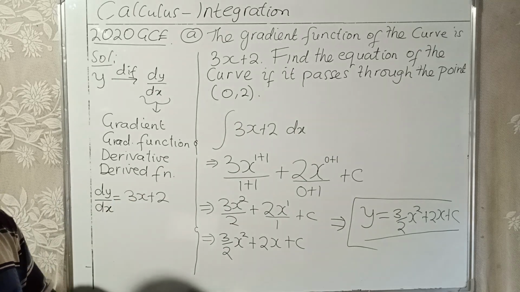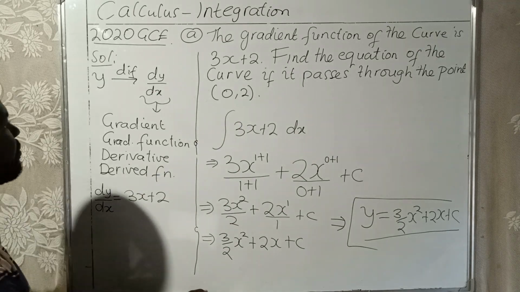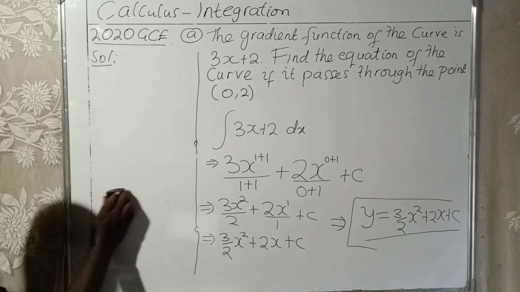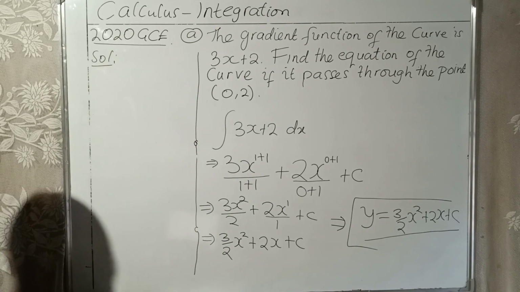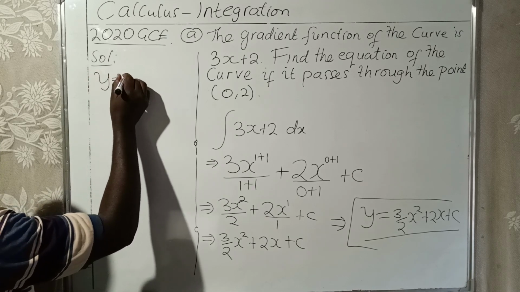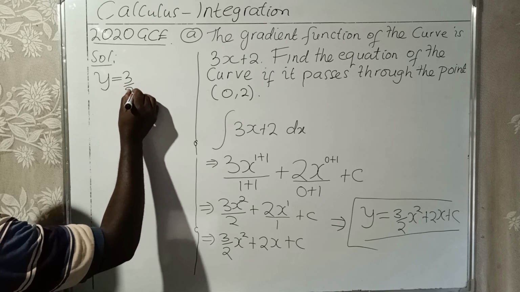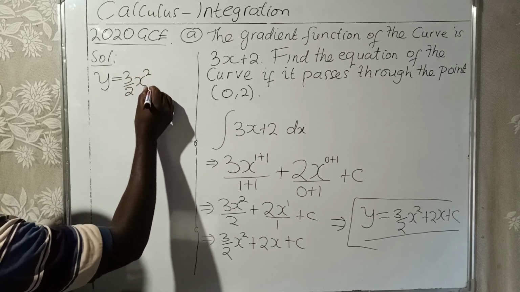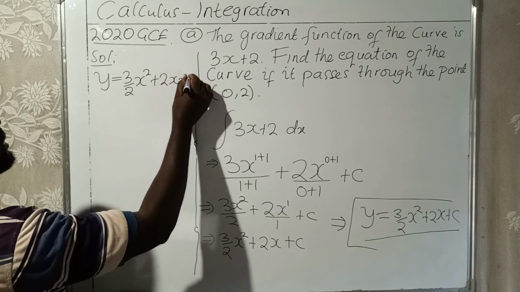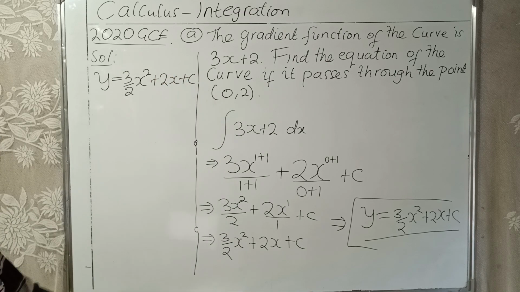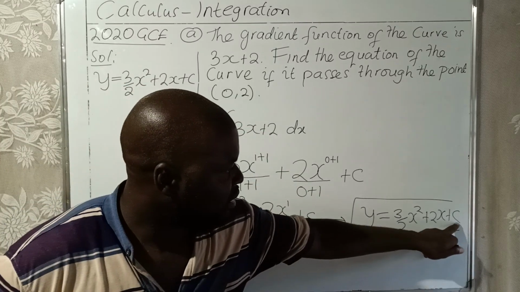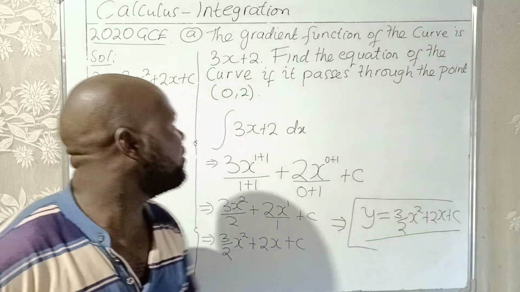We have y equals 3 over 2 x squared plus 2x plus c.